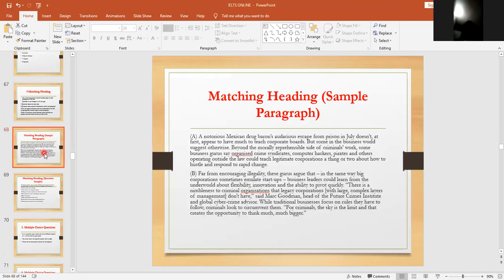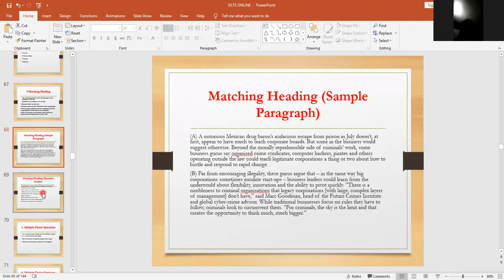This is matching. Can you see the screen now? Yes, we can. Okay, whenever you see a paragraph that is labeled A, B, or C, or 1, 2, 3, the matching task question will be asked in that passage. They might ask you what the main idea of the passage is.